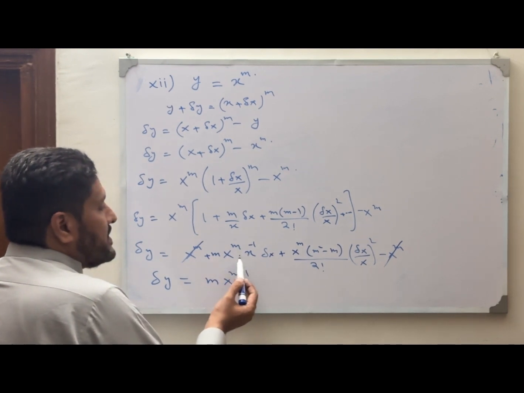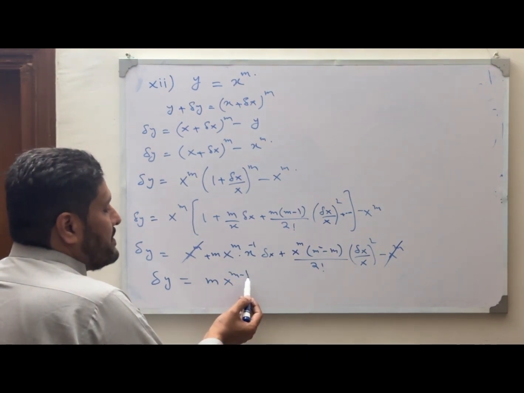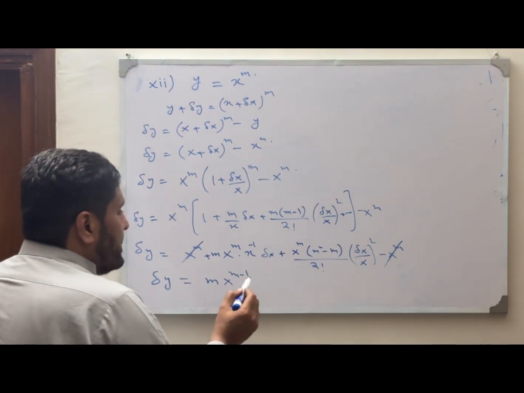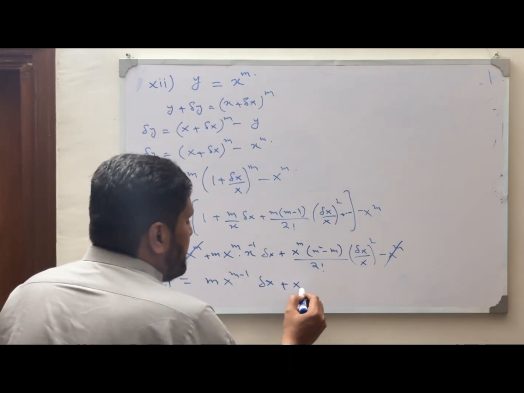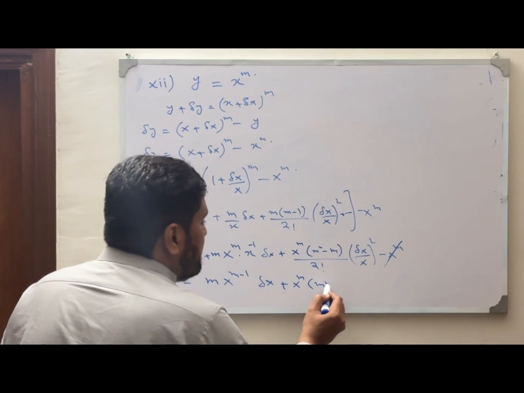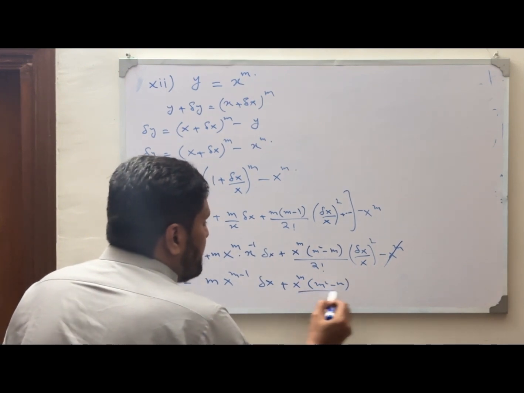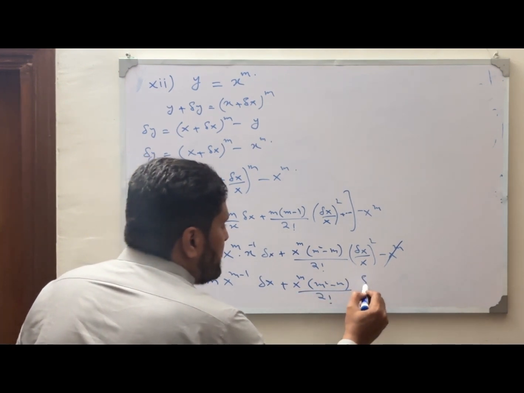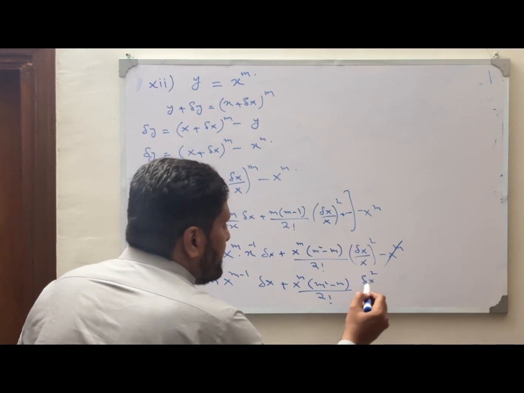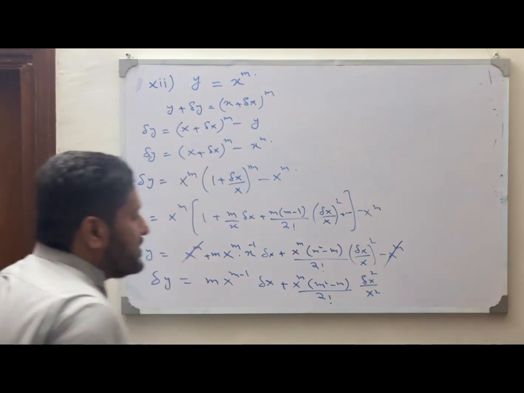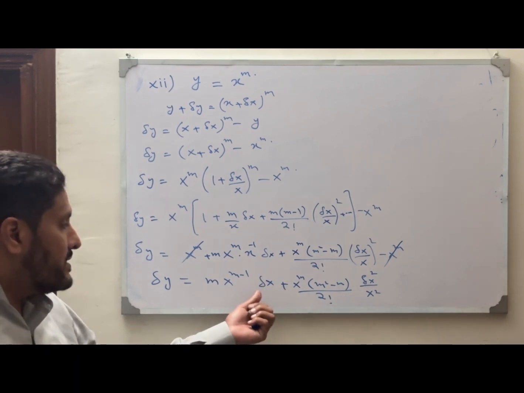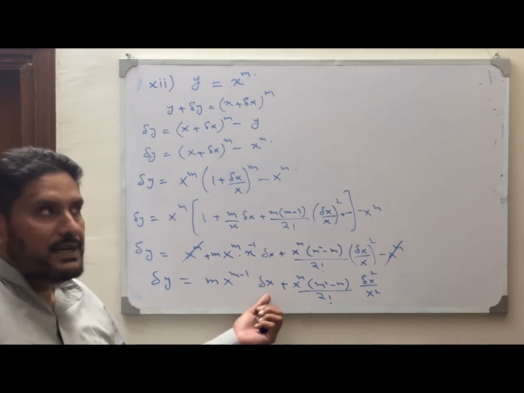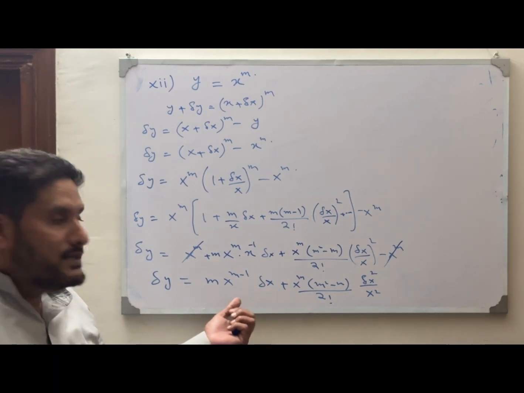Because both the bases are the same, the power will become m x power m minus 1 delta x plus x power m into (m square minus m) divided by 2 factorial into delta x square divided by x square. Now both the terms have delta x involved, so we take delta x common out of these two terms.